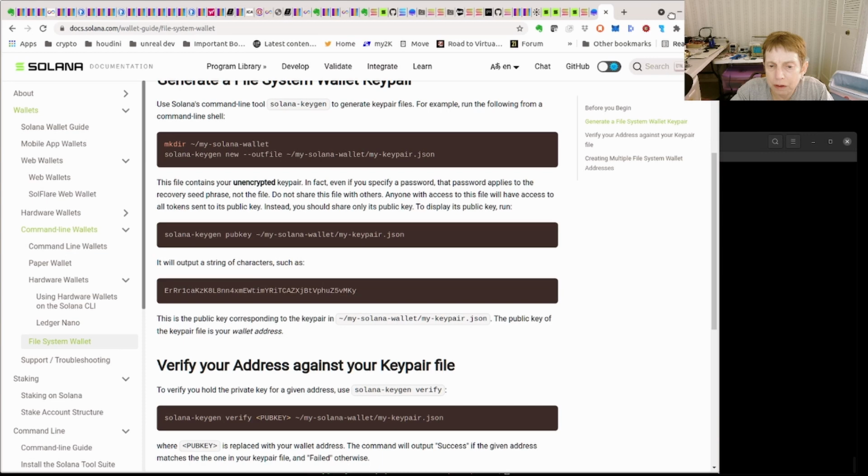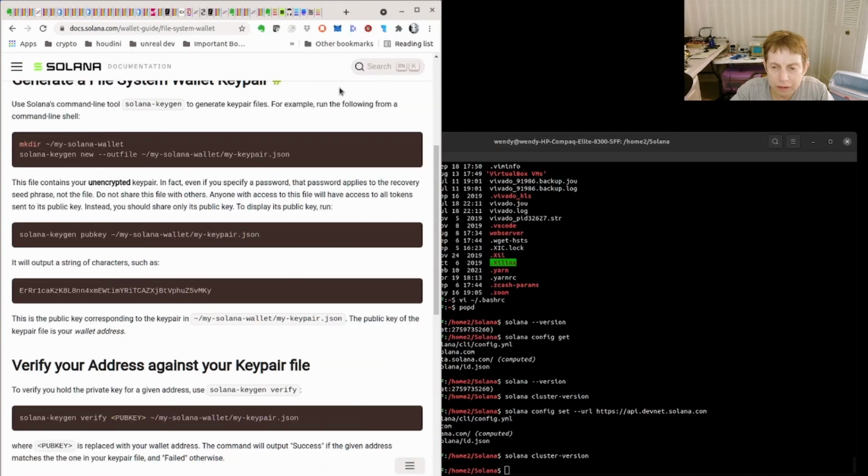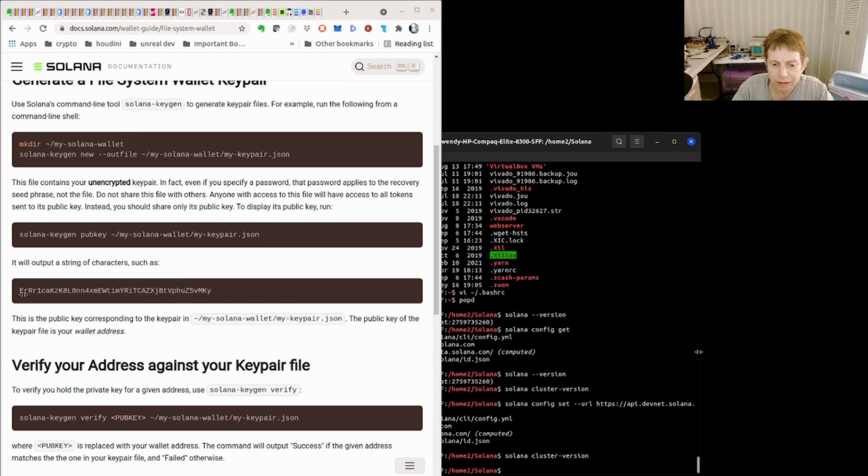So instead of the My Solana wallet, we're just going to do, I had all kinds of stuff coming up while I'm talking here. All right, so we're in the directory. I'm going to make this a little thinner so I can see both.